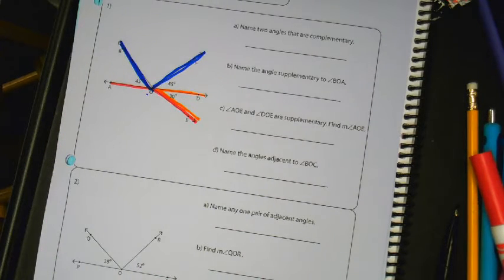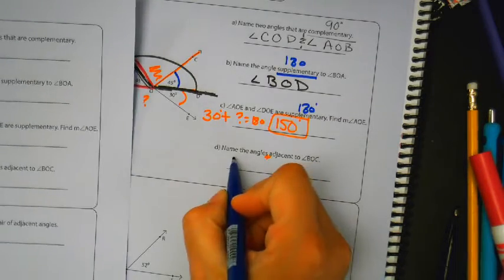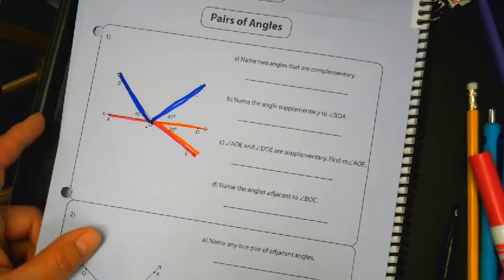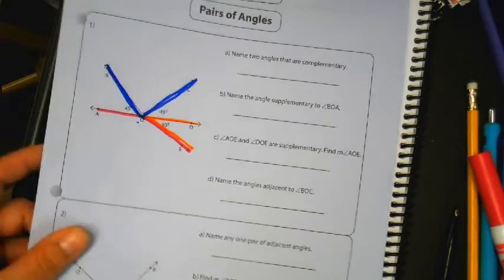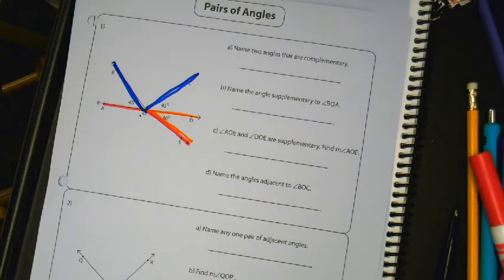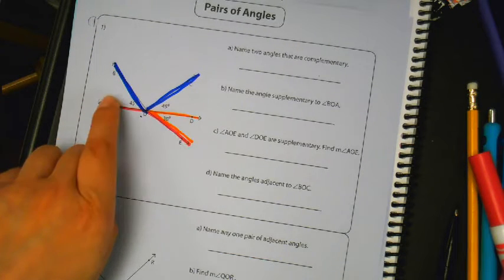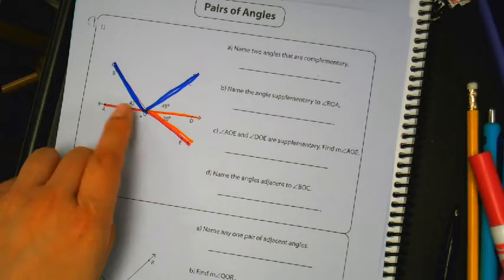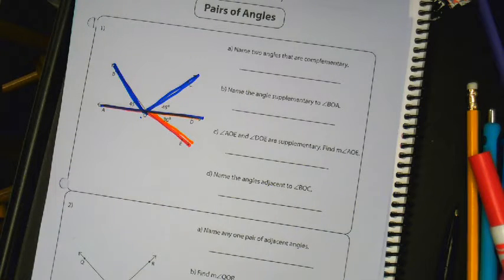What are adjacent? Angle BOA, comma. What else? Angle COD. And AOD? No. That's considered an angle, right? Yeah, but they don't share a side. AOD is this. Did they share a side? No. They share the vertex.